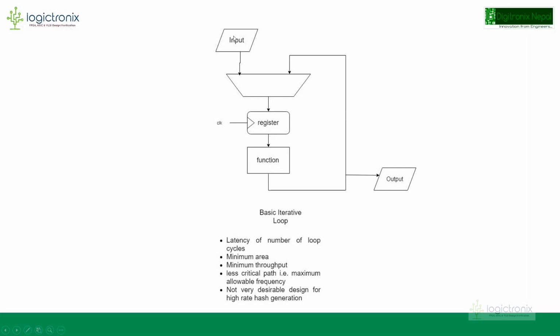So we have got one input, and that input is passed through this register to this function for the first time, and after it gets input, the output of that function is again fed into that function in every clock cycle. Depending upon the algorithm or the output desired, this loop may be repeated like 10 times, maybe for some applications 20 or 30 times.